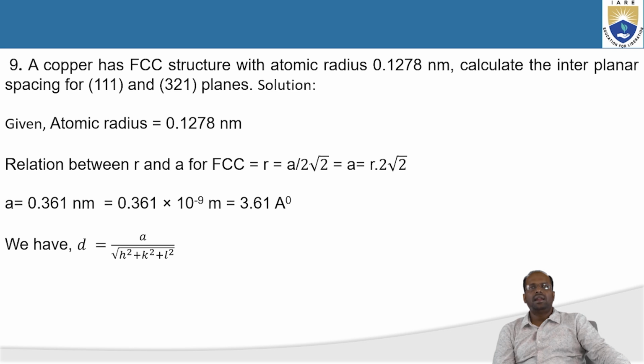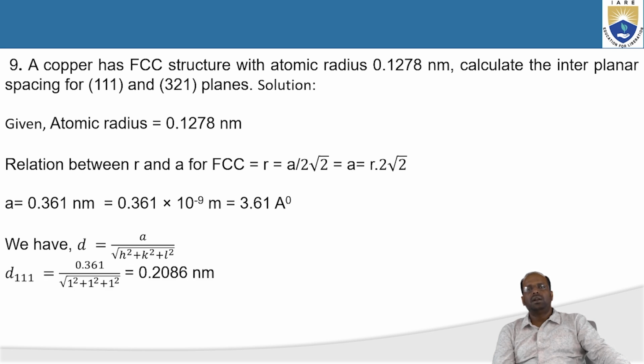Then we need to calculate the interplanar spacing of 111 and 321 plane. What we know, the lattice constant a we got from the formula, that is 3.61 angstrom. So we can substitute for 111 plane: 3.61 divided by square root of 1 square plus 1 square plus 1 square.